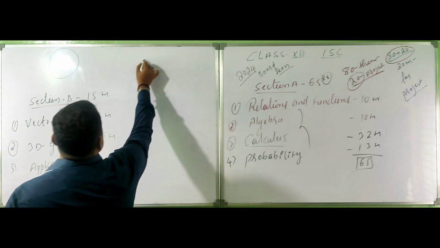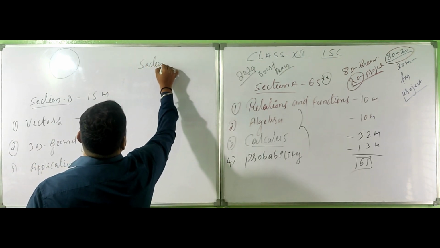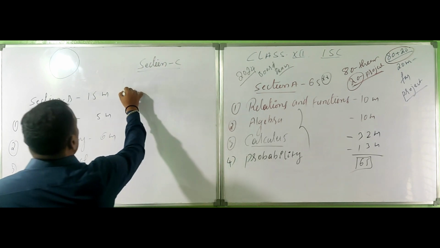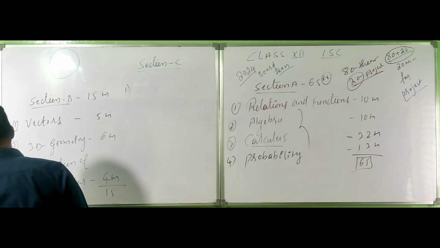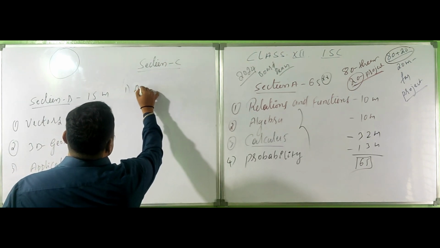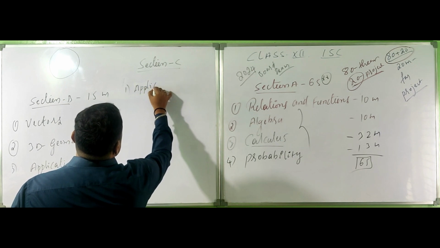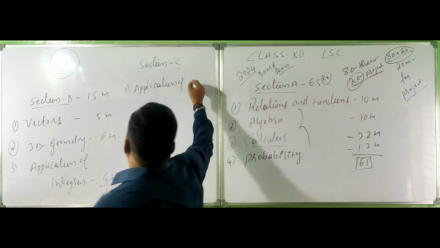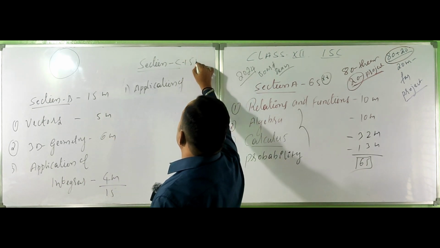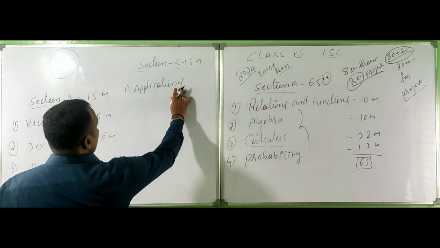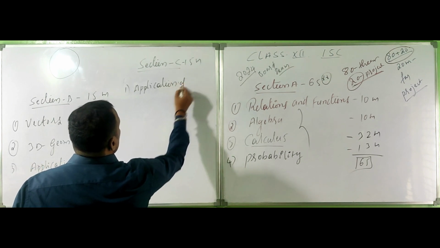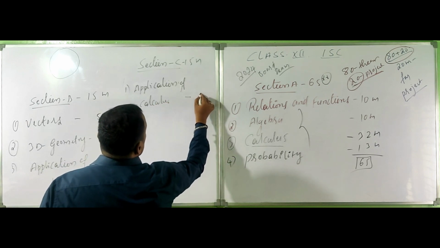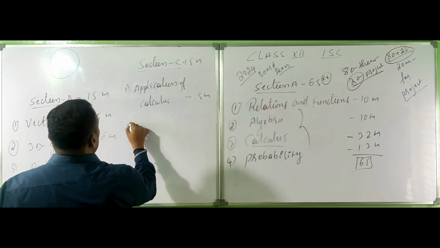And section C: the first chapter is application of calculus. This also has 15 marks assigned. Application of calculus is 5 marks.